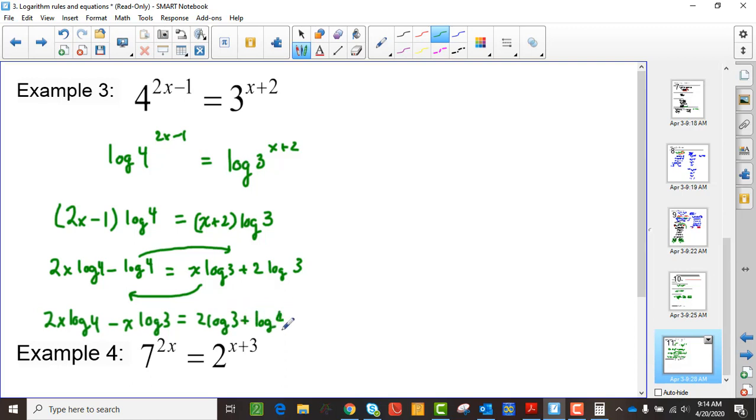All right. And then if I just go up here to finish, I'm going to factor the x out of the left-hand side, and I'm going to have x times 2 log 4 minus log 3 is equal to, and then my right-hand side I'm not going to change, 2 log 3 plus log 4. And then I'm just going to divide.